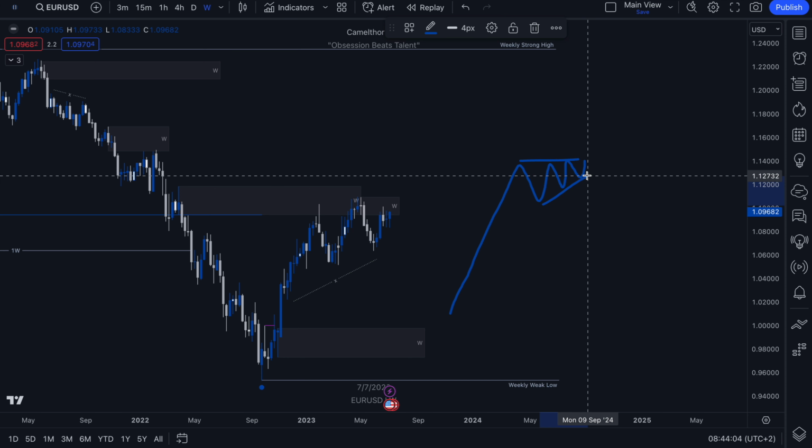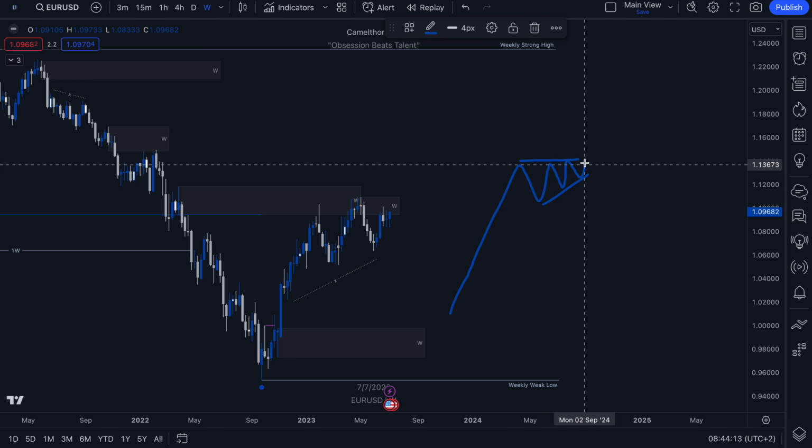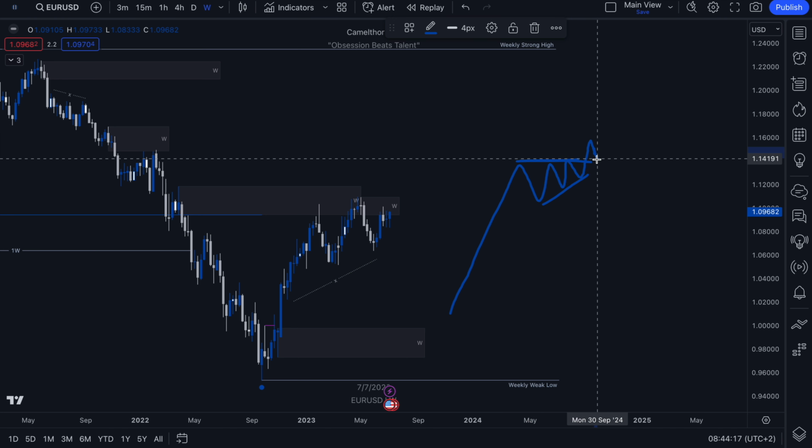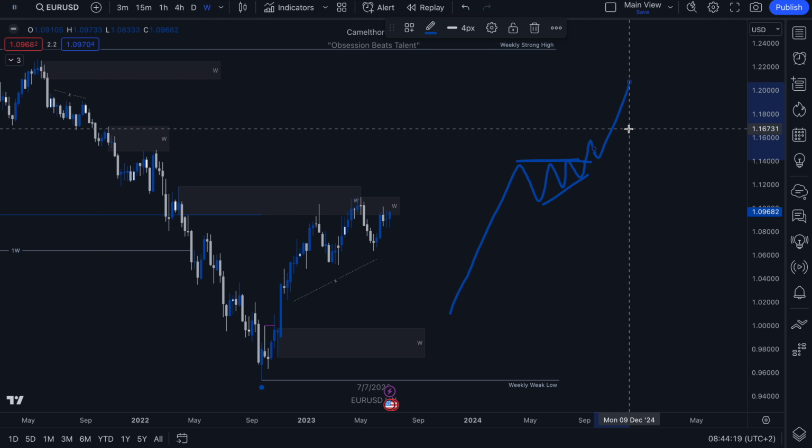All right. Now, what this pattern represents is a potential continuation opportunity where price action would break above this particular high in here, retest that and continue, right? This is a pattern that oftentimes signals a potential continuation.